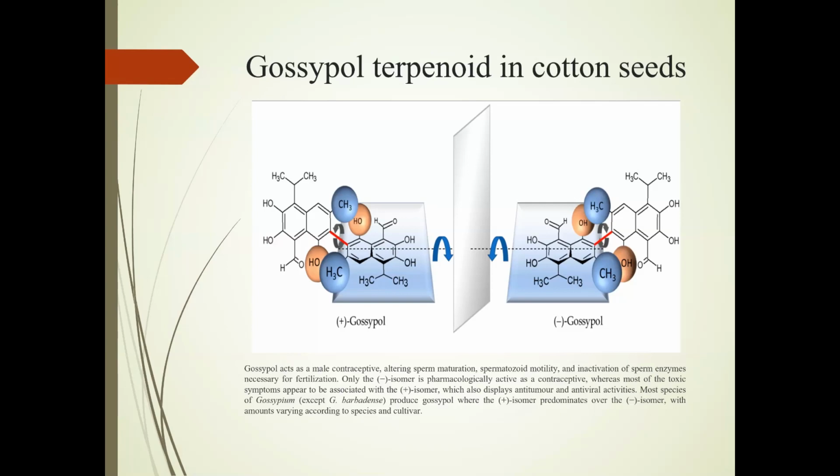Positive gossypol is a toxic enantiomer and is being used in anti-tumor and antiviral activities, while the negative isomer is very harmful for livestock because it affects spermatozoid motility and the activation of sperm enzymes. And this is actually why it was discovered.